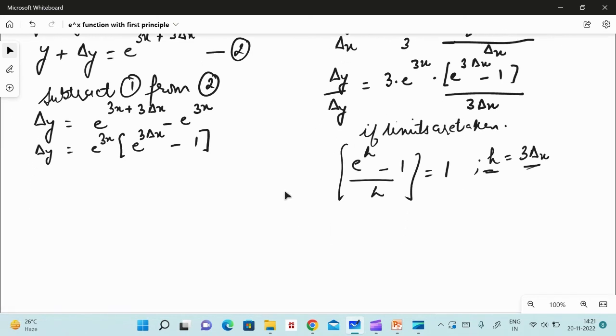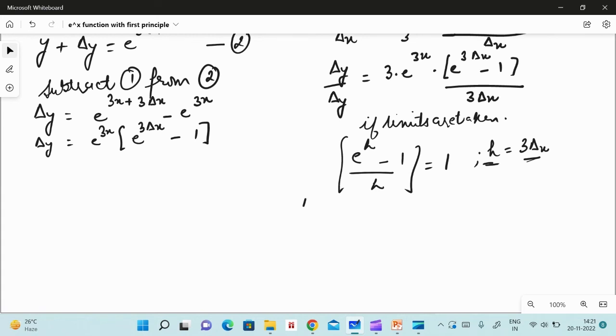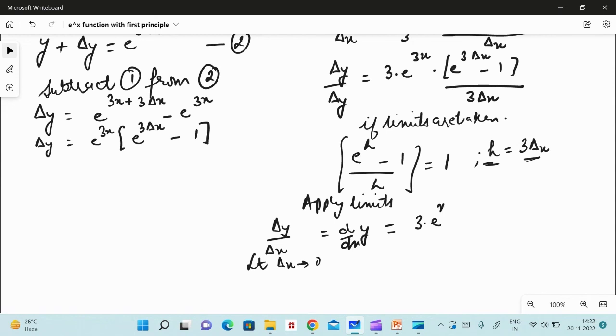So now we will apply limits. What I will get is the limit as delta x approaches 0 of delta y by delta x, which is dy by dx, equals 3 into e power 3x into 1.